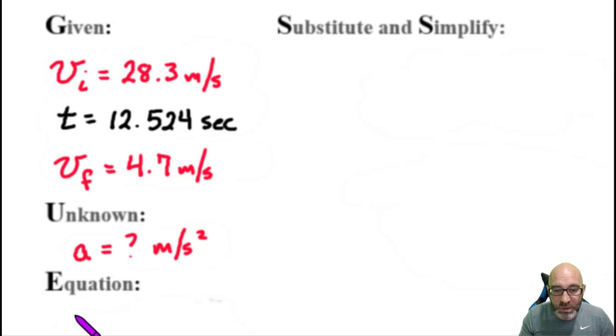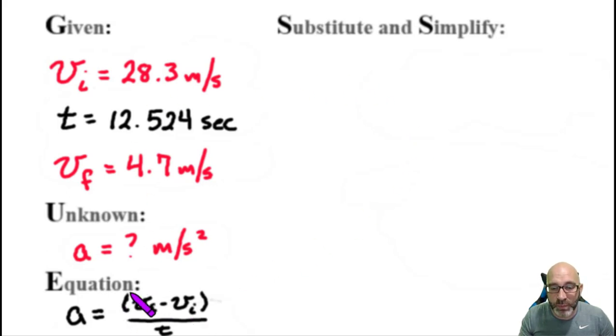And the equation that we just learned was acceleration equals velocity final minus velocity initial divided by time.